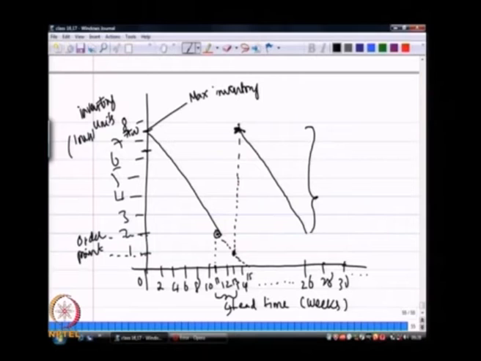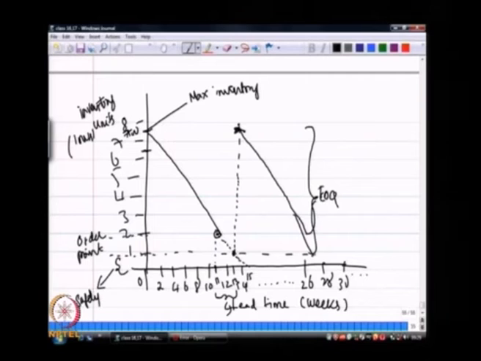So, you will find that this will be my economic order quantity. This is 7500, 1000, 6500. This is my safety stock.